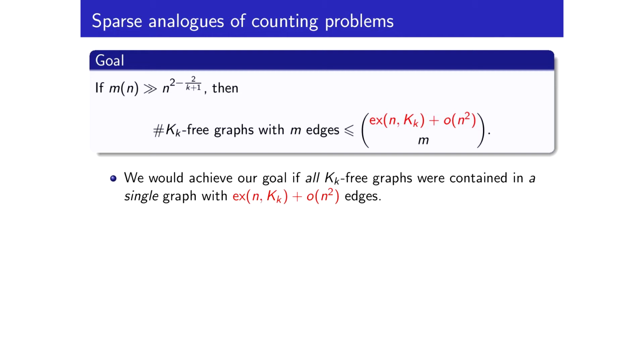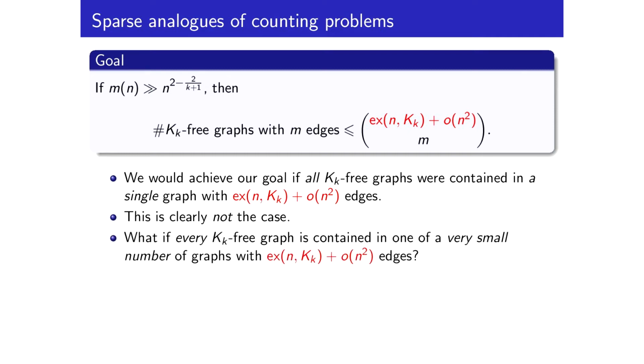So the idea of such a proof or such a statement is that it would be easy if almost all K_k-free graphs were a subgraph of one graph with that many edges, because then just using this counting result we prove the theorem. But it's clearly not true. One can construct many K_k-free graphs which are very far from having that quantity.